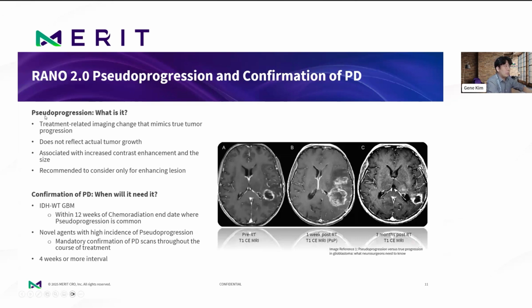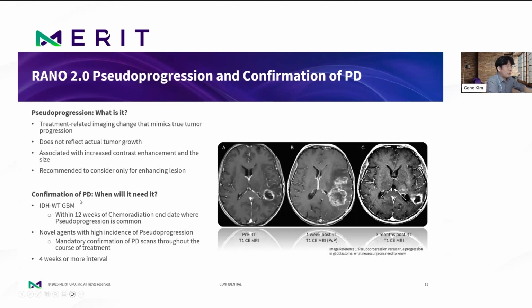That is how it's named, pseudoprogression, not a true progression of the disease, but it mimics that enhancement and does not really reflect the actual worsening of the disease. Usually it is associated with increased contrast enhancement in T1 contrast enhancement images. And per RANO 2.0, these are seen in the enhancement, but not in the non-enhancing portion. So it is recommended to consider the pseudoprogression outcome only for the enhancing lesion criteria.